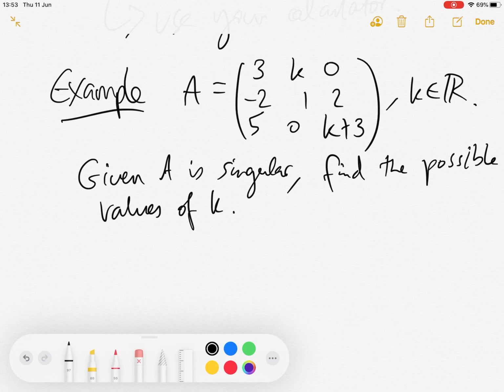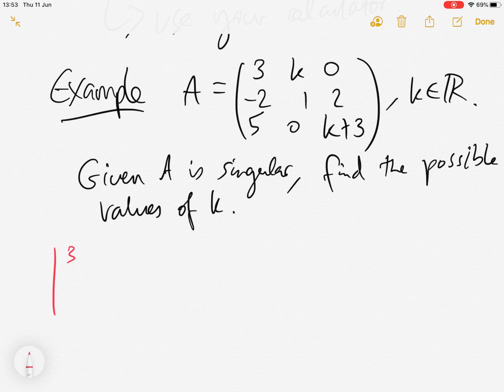Okay, so what does it mean to be singular? Well, recall from earlier, it means the determinant is 0. So this is telling us the determinant of this matrix is 0.